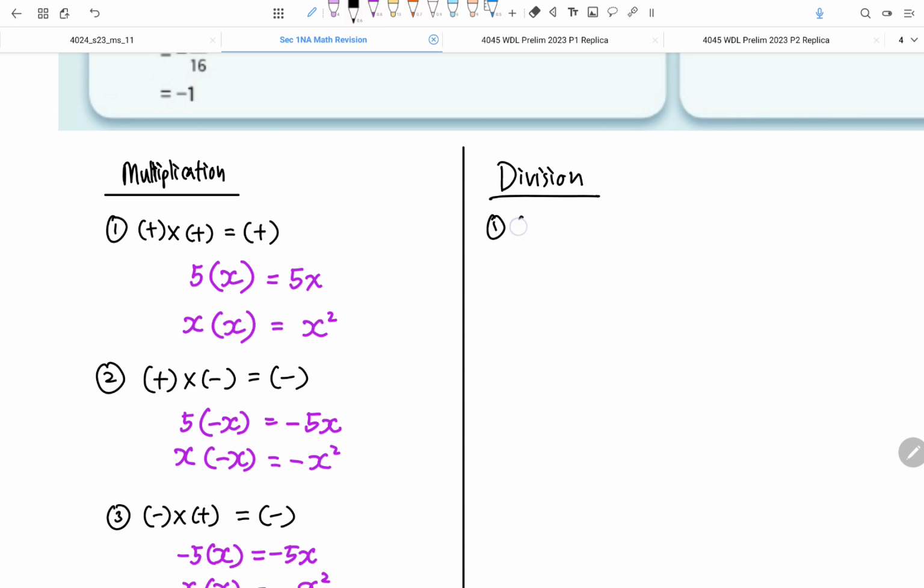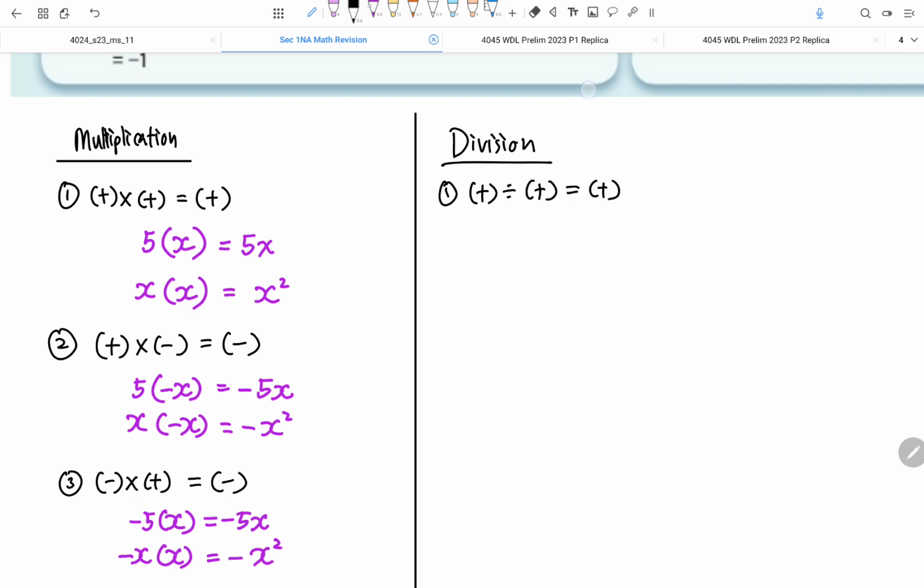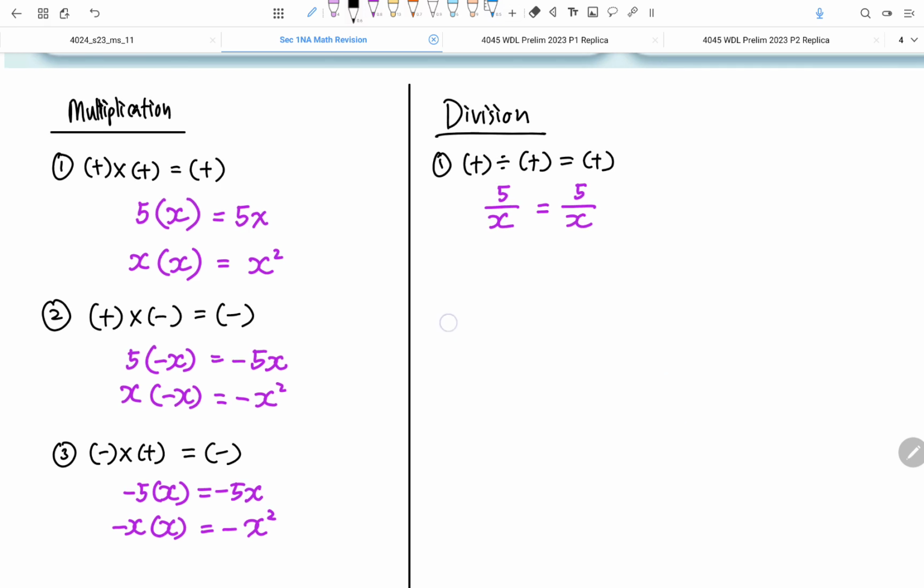Case 1. Positive divided by positive is a positive value. So examples would be positive 5 divided by x. Okay, the result is still positive, 5 over x. Number 2. Positive divided by negative is negative.